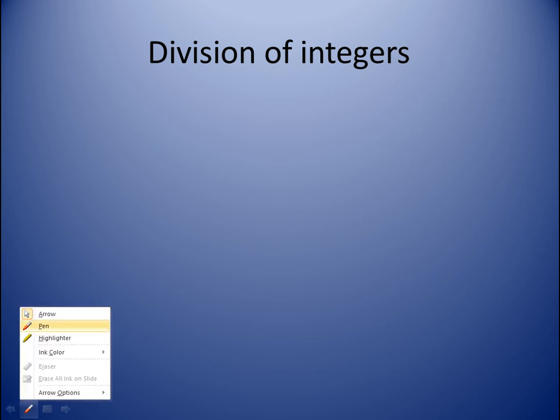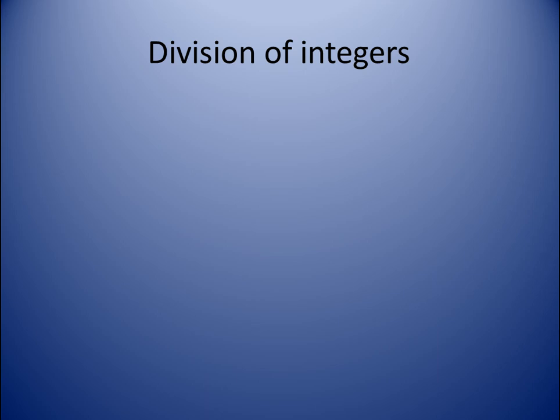Now we will talk about division of integers. You know that division does not satisfy these properties, for example the closure law. 4 divided by 2 is 2, but 2 divided by 4 is 0 point something. 0 point something is a decimal, so it is not an integer.